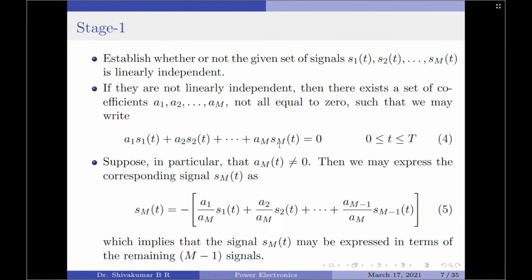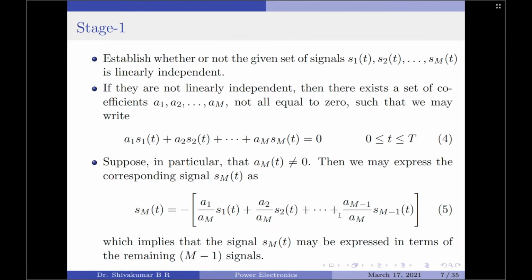Suppose that particularly we assume the signal Sm of t to be one of the dependent signals, then the coefficient Am will not be equal to 0. In such a situation, we can represent the dependent signal Sm of t as a linear combination of the remaining m minus 1 signals using equation 5 shown here. That is, Sm of t is equal to minus of a1 divided by am into s1 of t plus a2 by am into s2 of t.